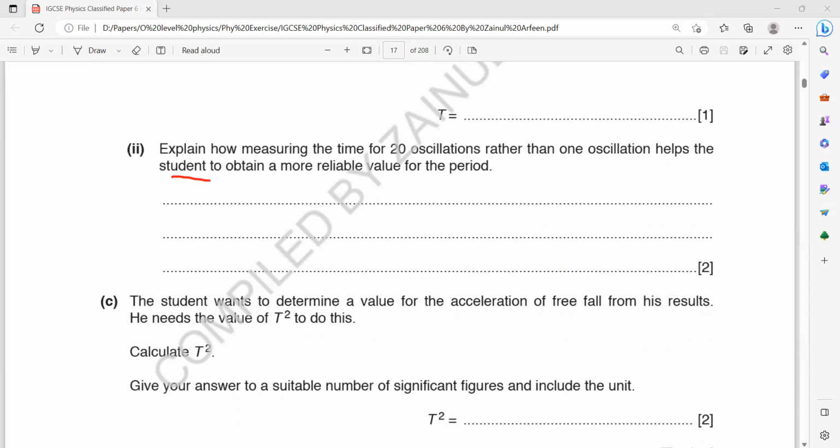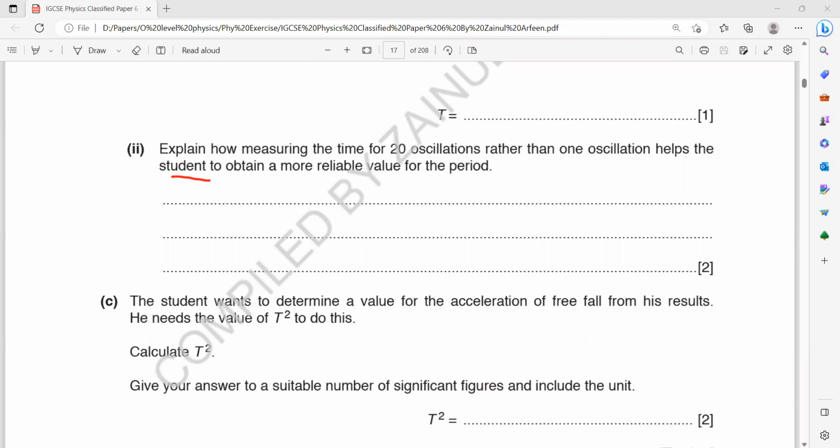The judgment at start and reaction time errors are reduced, because the error is spread over 20 swings. If you are measuring the time for one swing, you'll get a bigger error. So you will get an average result when you measure the time for 20 oscillations.